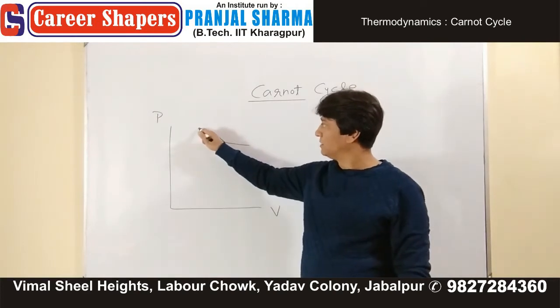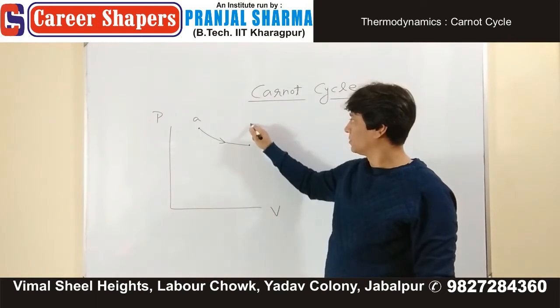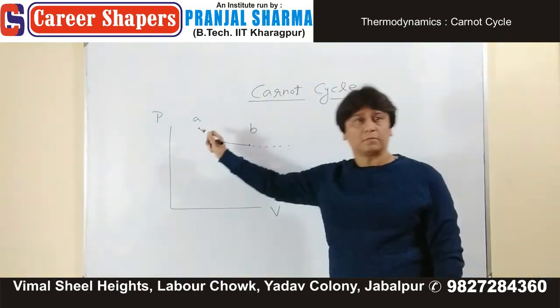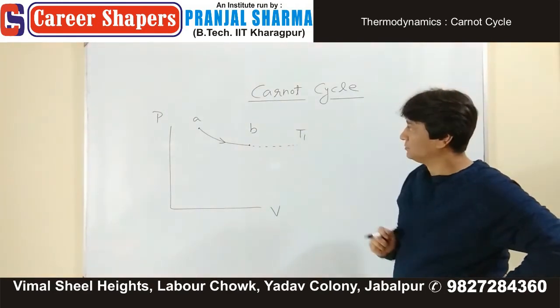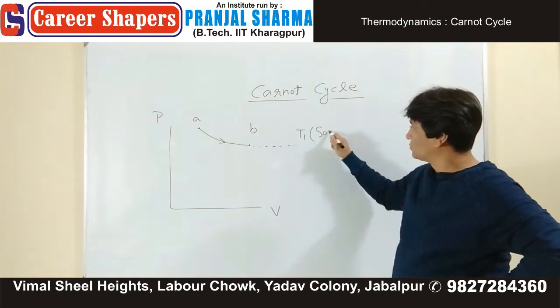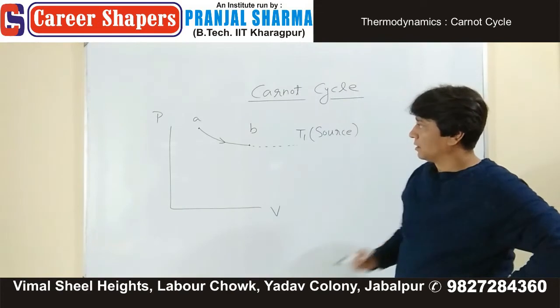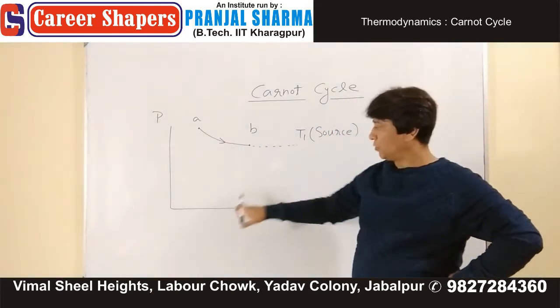Isothermal component starting from A to B, isothermal expansion at temperature T1. We call this temperature of source. Isothermal expansion, volume is increasing.